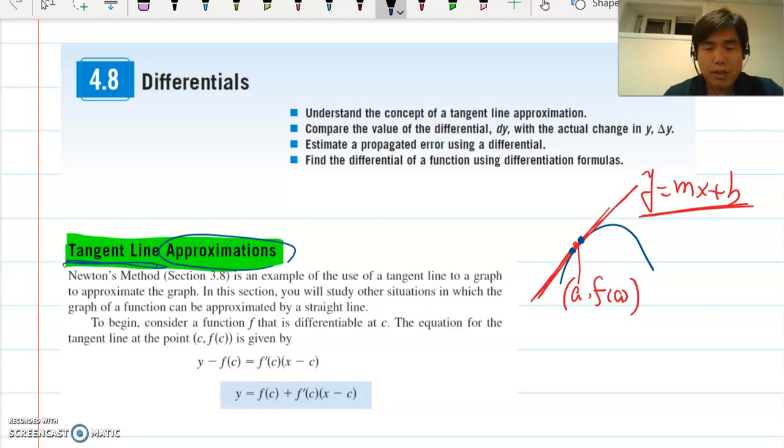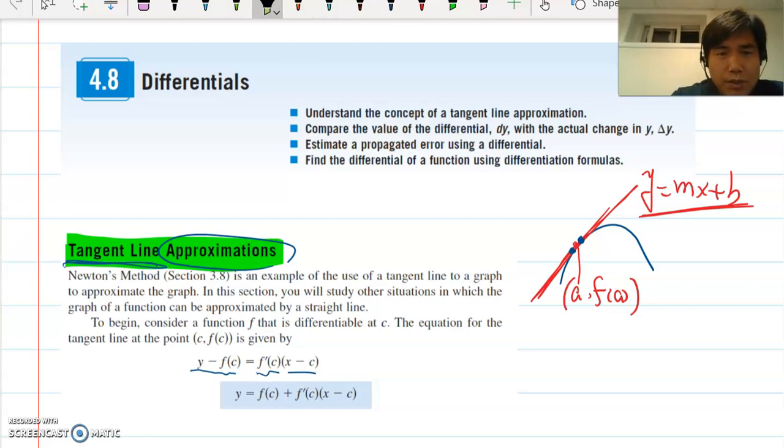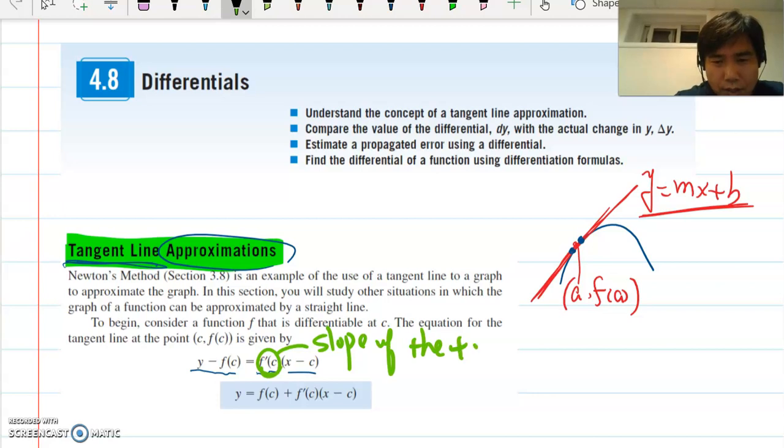That's it. As you see in the formula here, we can make y minus f(c) equal to f prime(c) times (x minus c). This f prime(c) is the slope of the tangent line, right?